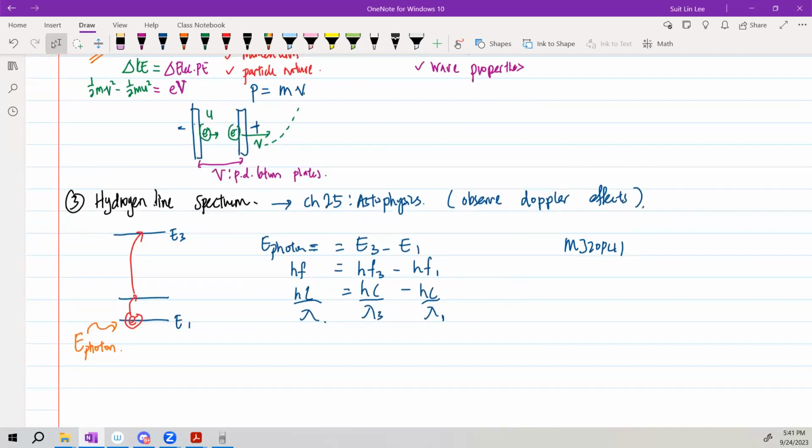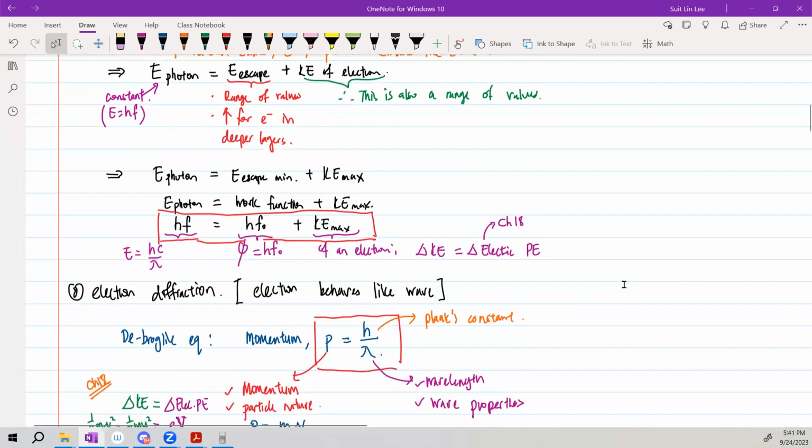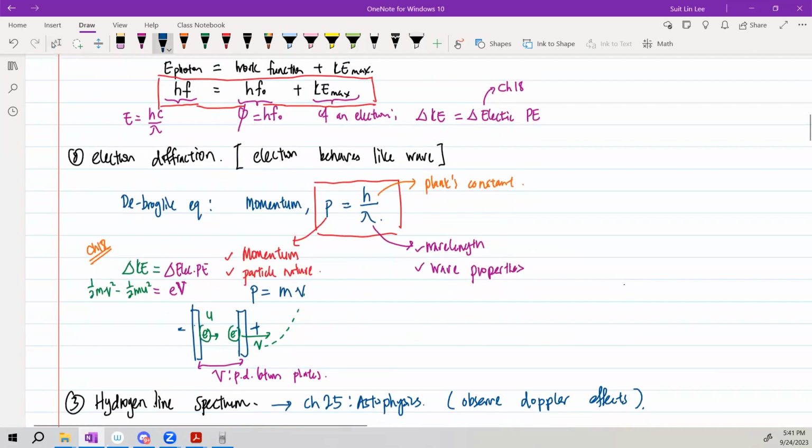Go try some questions if you need to. They are recorded in the channel as the main examples already. Another one I want you to think of trying, besides that, is the ON20 P41 question 11. This one is the electron colliding with a photon.